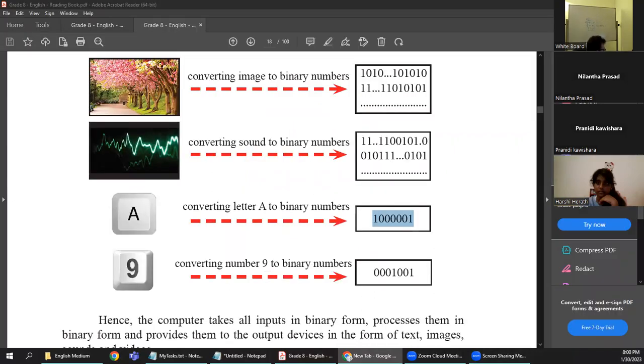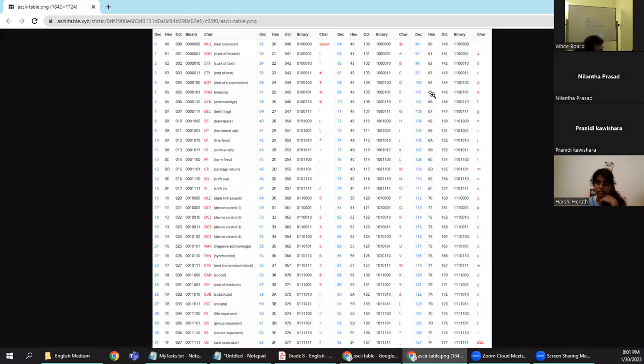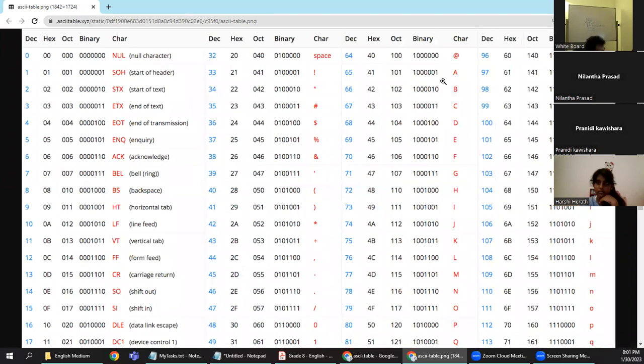If you take the bit patterns that are representing these letters, you can see here, you can see letter A. So inside the computer, each letter, each symbol has a binary or digital representation.